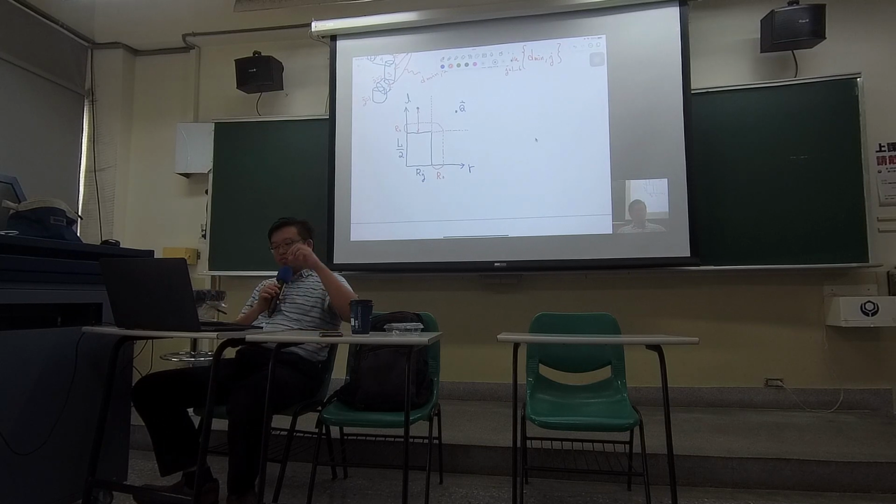For now, we just consider its center point. So the shortest distance between this particular point and the cylinder is going to be the red arrow I have drawn.